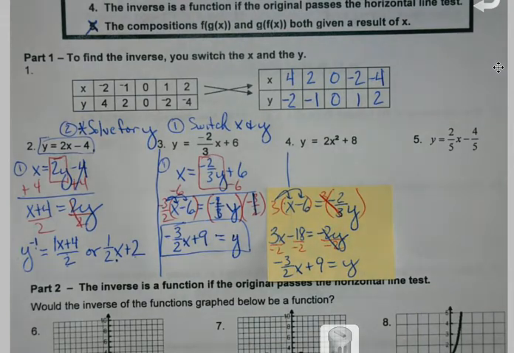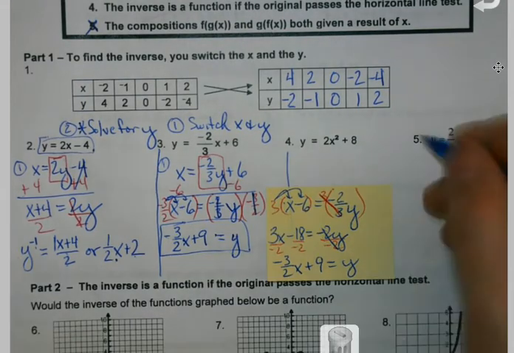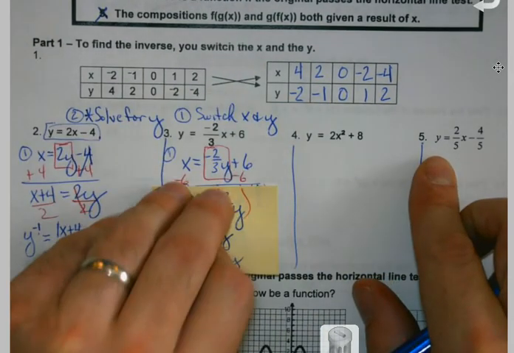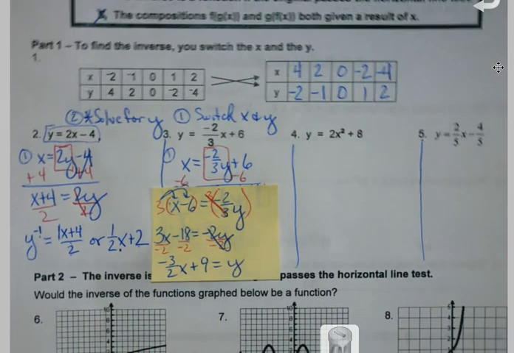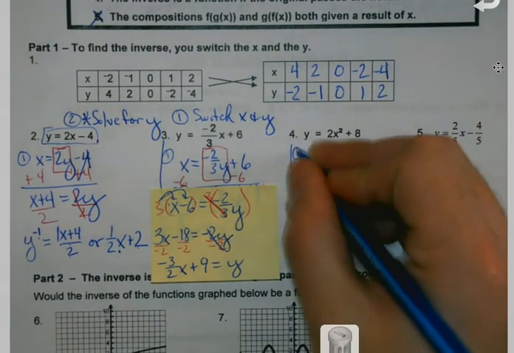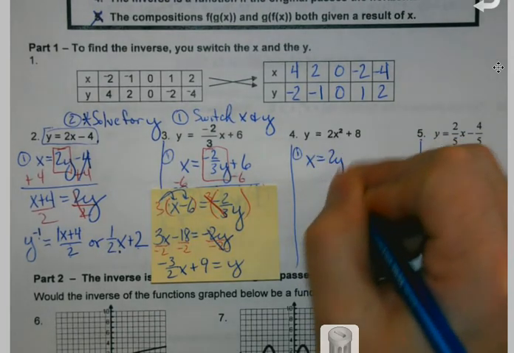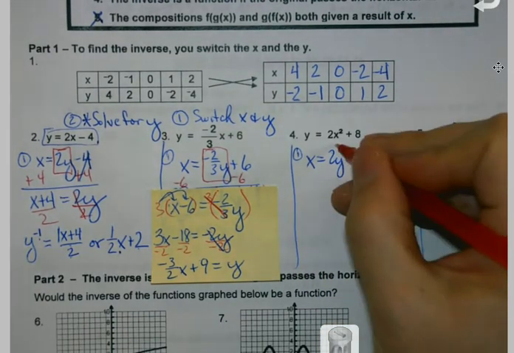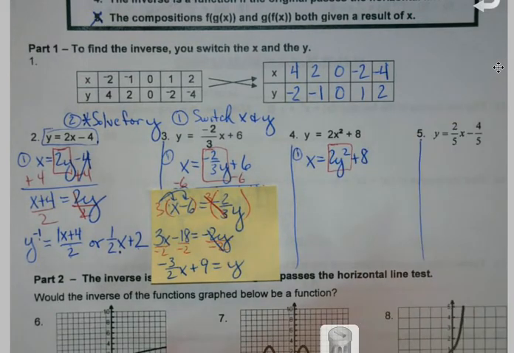So then, when I get to this next one, we get a new little twist that comes in here. I'm just going to move this one over here. Our new twist, once we switch x and y, is that now we have a squared term to play with. But my first job always, always, always is to isolate my y term before I start doing anything fancy.